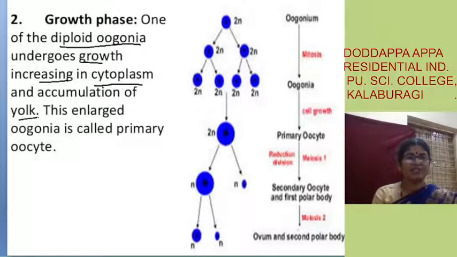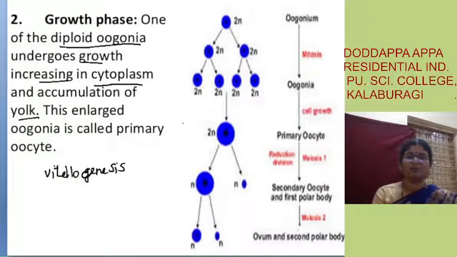The accumulation of yolk in the oogonia is called vitellogenesis. So the oogonial cell will start storing food. Fine. This vitellogenesis process is there only in females, and this will take a little more time.